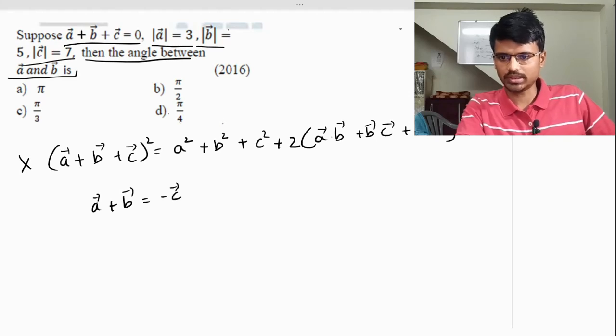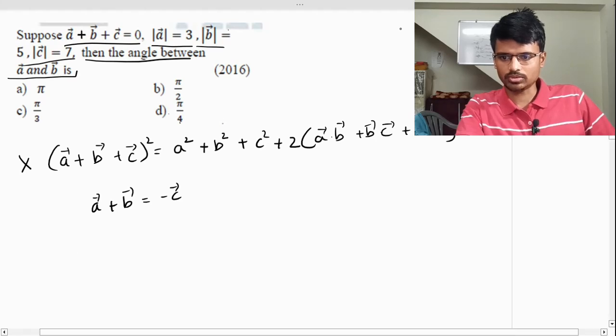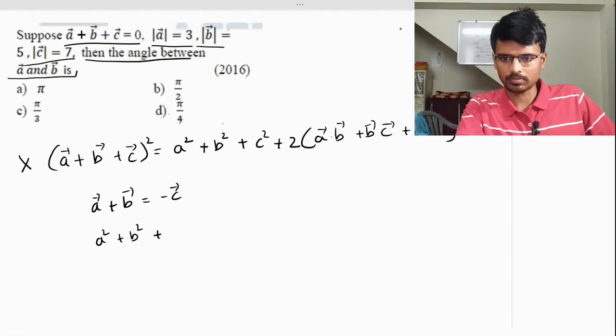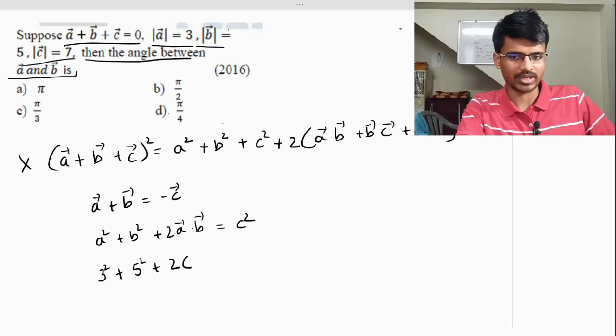I can do that, and squaring on both sides, I get a square plus b square plus 2a bar dot b bar equals c square. Let me just substitute the values. 3 square plus 5 square plus 2. I am expanding the dot product.